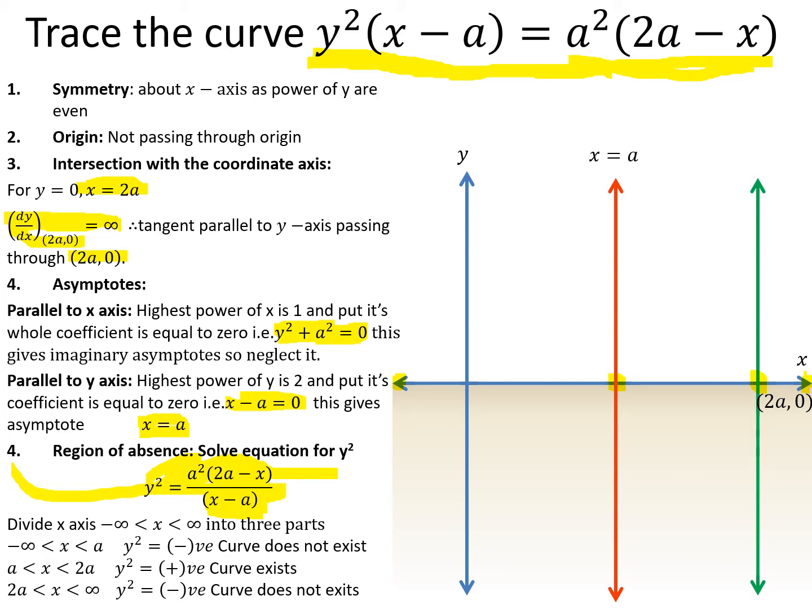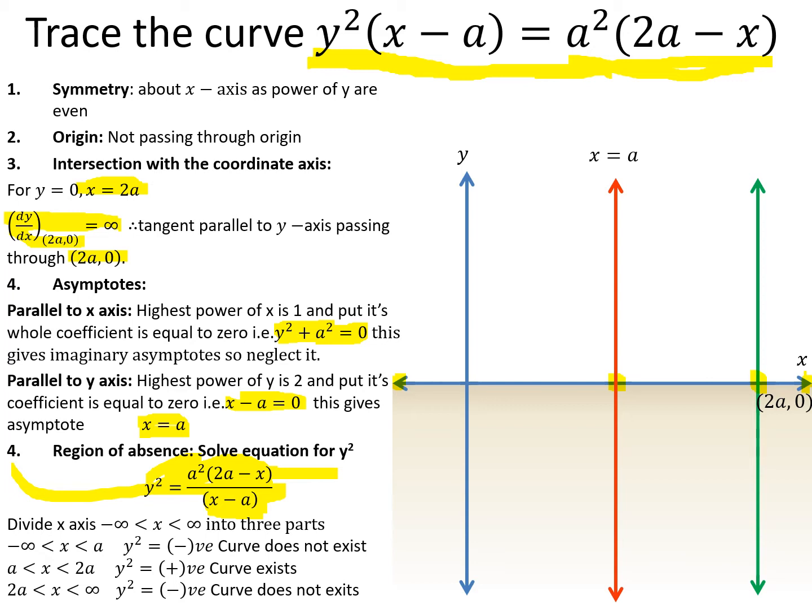Now the second part: if x lies between a and 2a, that means x is greater than a but less than 2a. If x is greater than a, then obviously the denominator, x minus a, is positive. If x is less than 2a, then the numerator is also positive, because 2a minus x is positive. That means your y square is altogether positive, so your curve exists.